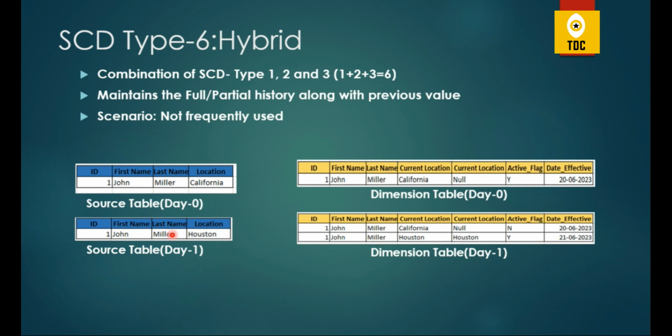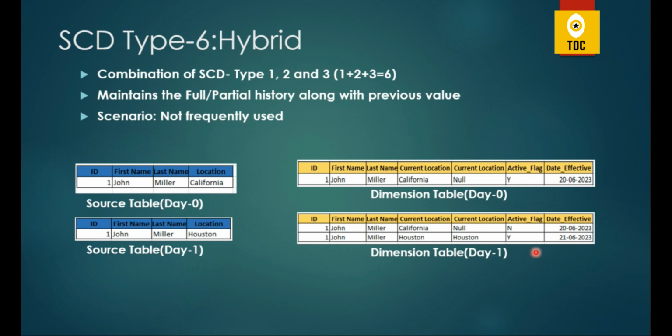As you can see, the location of a person is updated from California to Houston. What is the concept of SCD1? Replace the entire value, so that's what I'm doing. The current value is replaced from California to Houston. That is the concept of replacing the entire record, which is type 1.